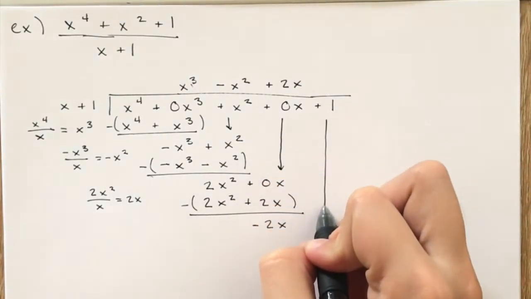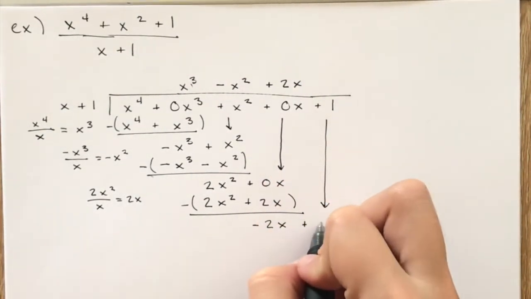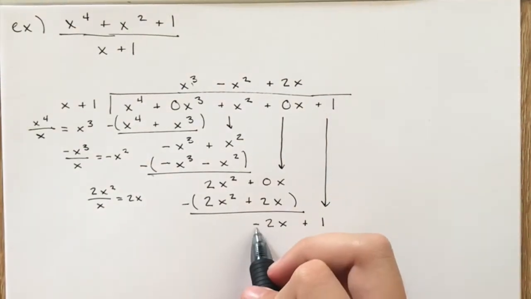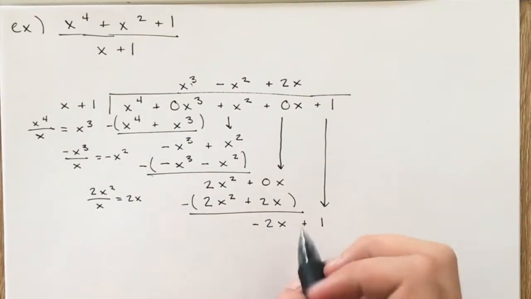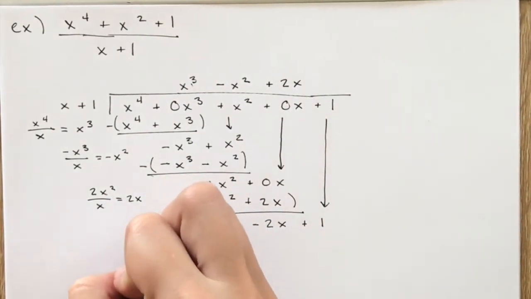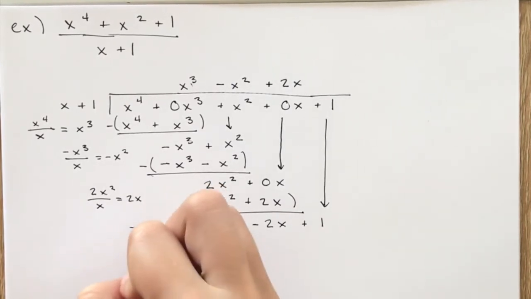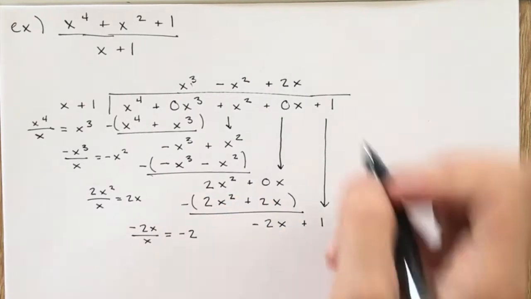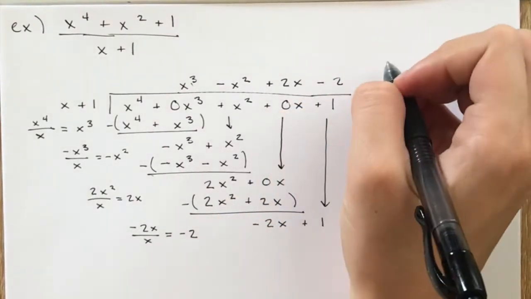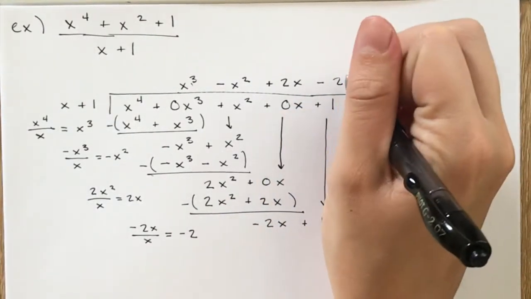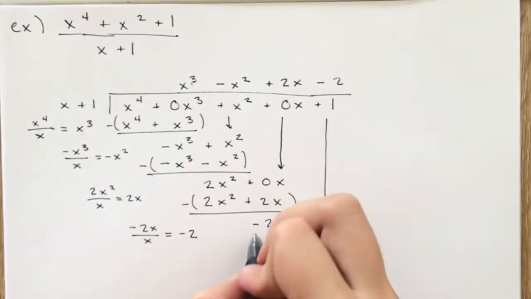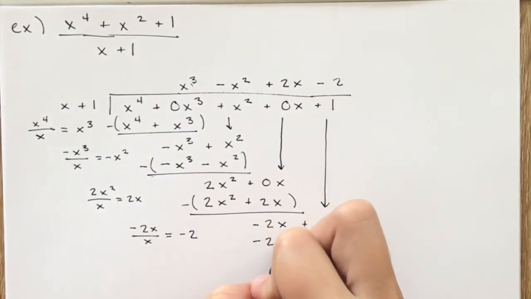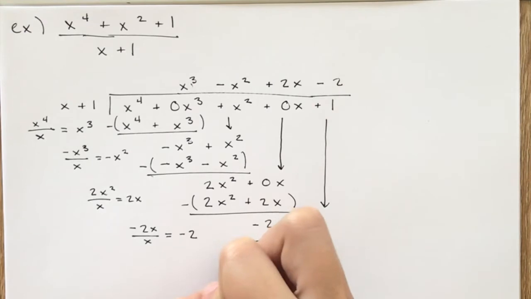We bring down the 1, last but not least. We divide negative 2x by x. We end up with negative 2. We multiply negative 2 times x plus 1, and we get negative 2x minus 2.